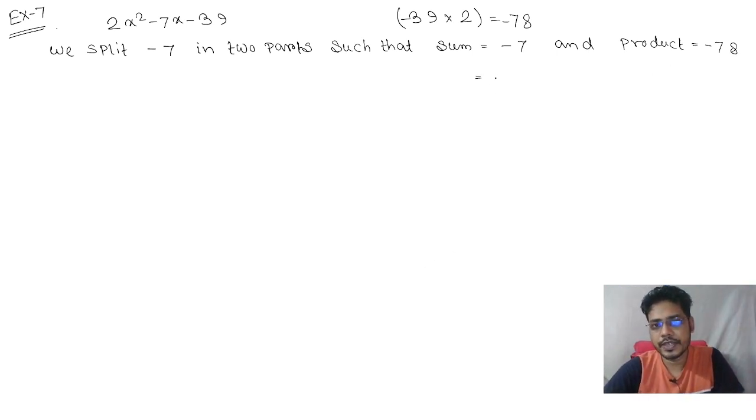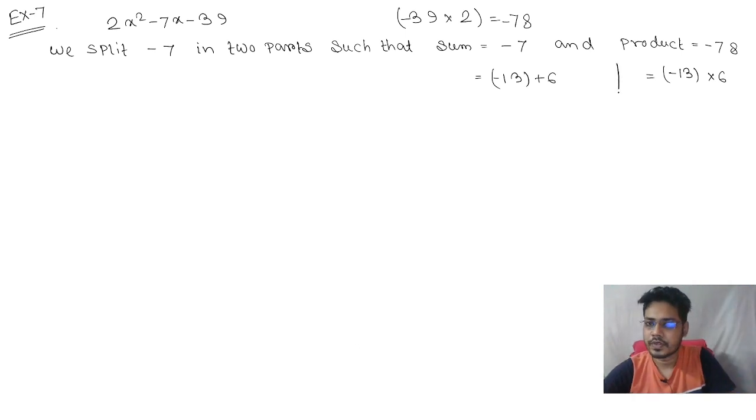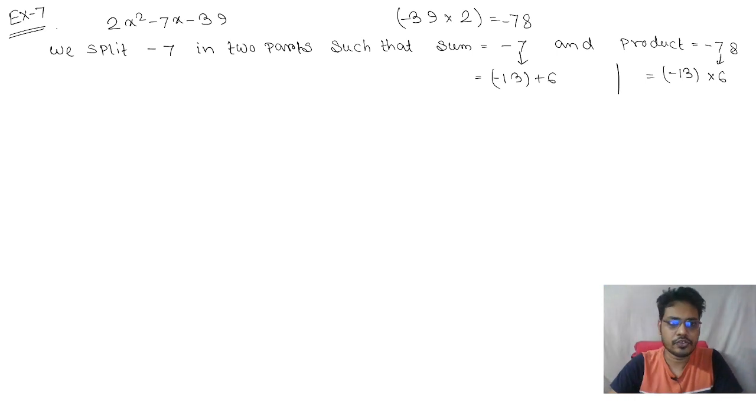So how can we split this? Minus 13 and 6 makes minus 7, and minus 13 multiplied by 6 gives you minus 78. So that means the product is minus 78 and the sum is minus 7. To split into two parts, that's minus 13 and 6.